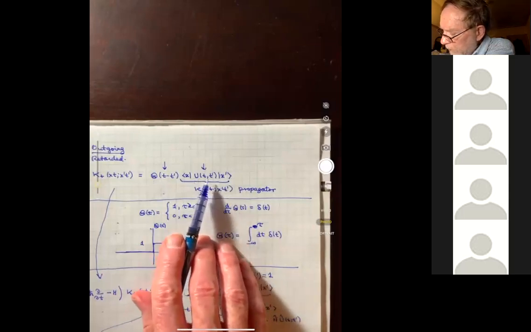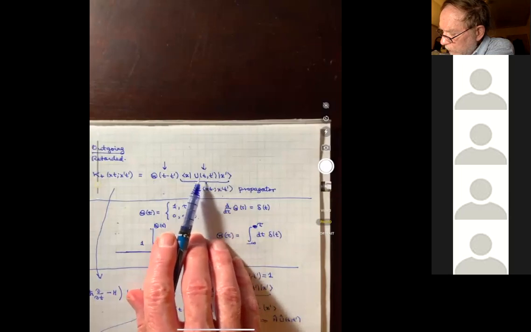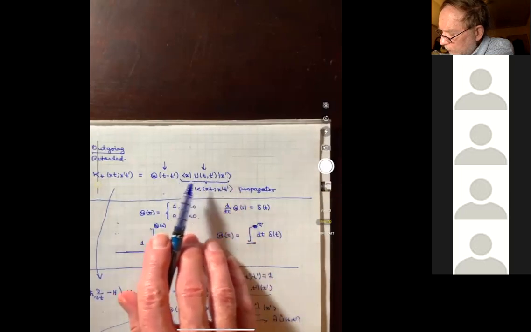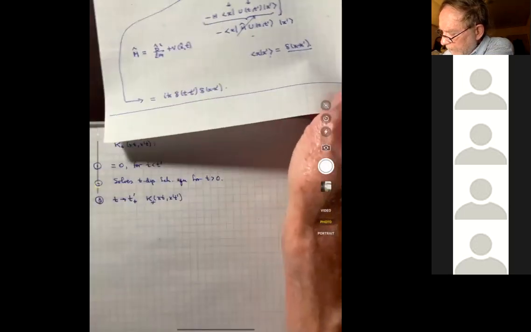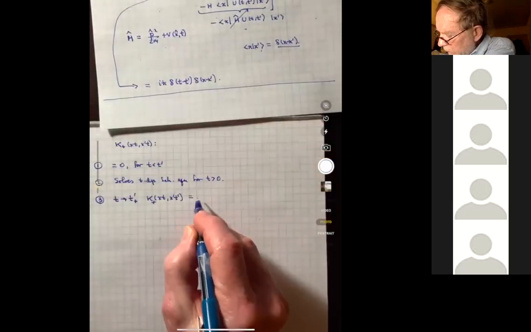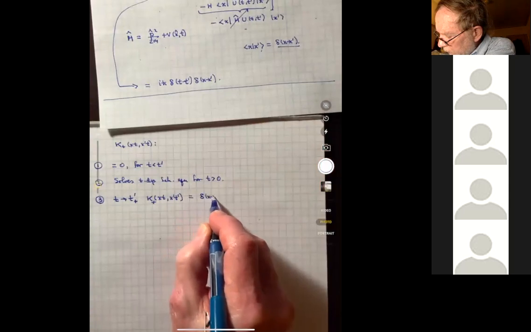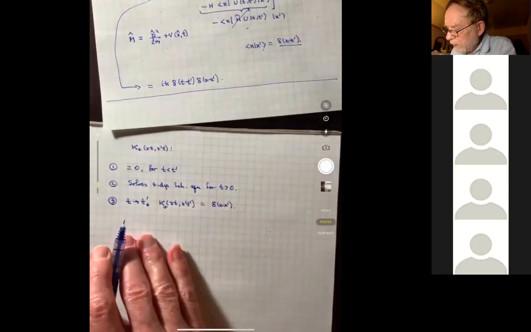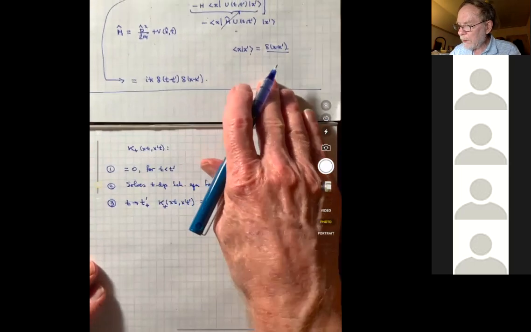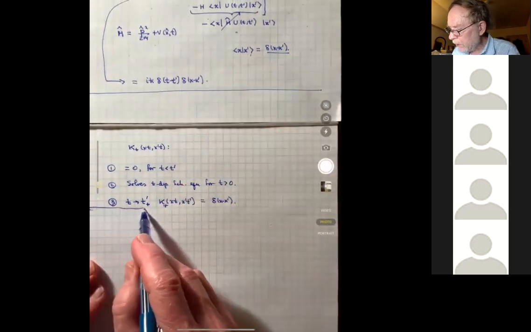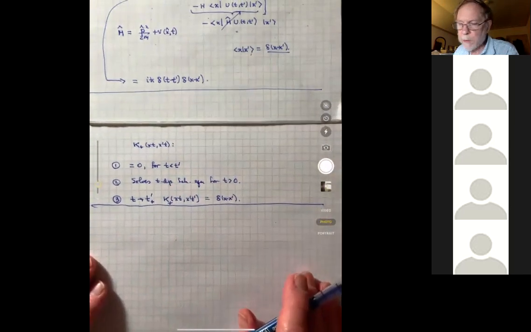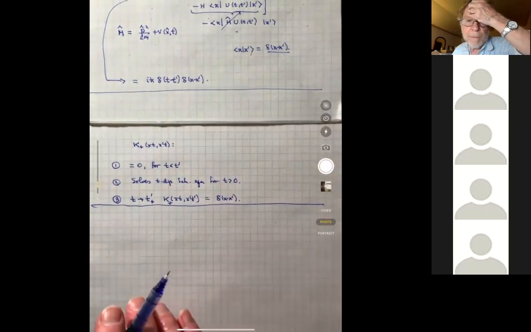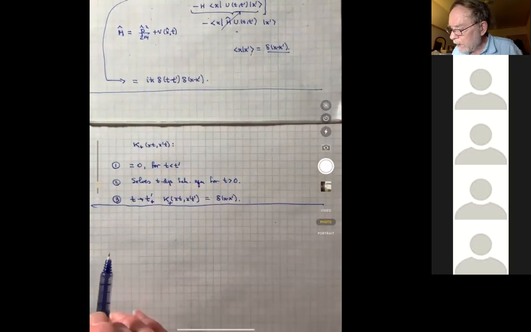But if t goes to t prime, then this U goes to 1, and then the x x prime scalar product is a Dirac delta function in x and x prime. So this then becomes equal to the Dirac delta function of x minus x prime. Now, this leads to an interesting way of thinking about this outgoing propagator, and that is the following.